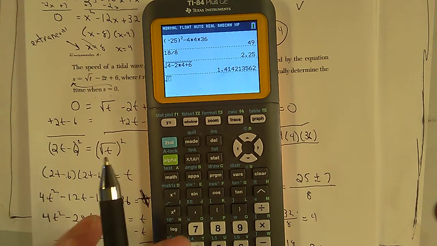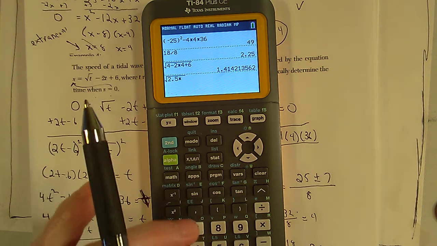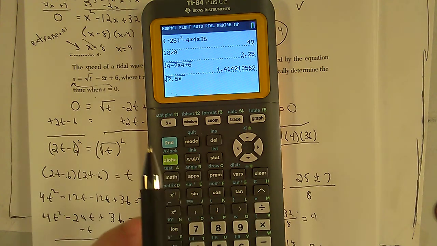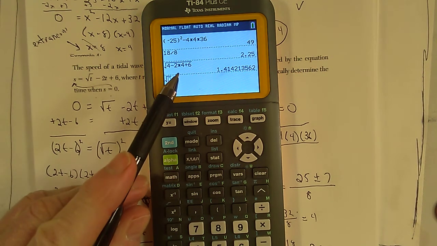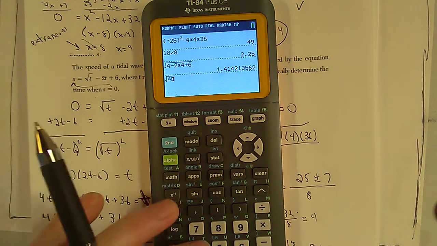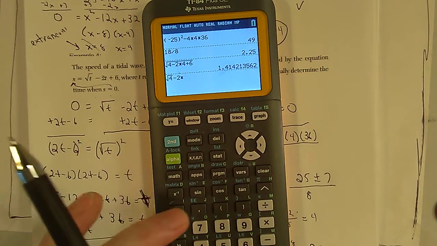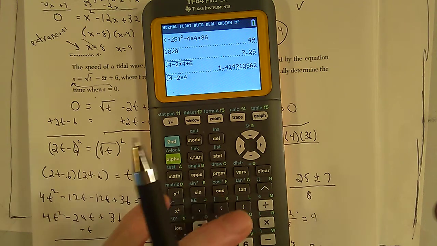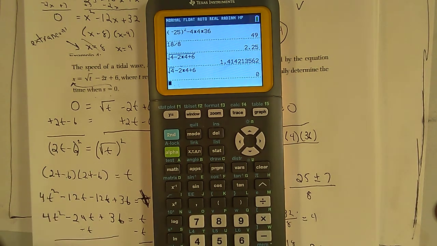Second square root, 2.25 times, oops, back up. No wonder that didn't work. Clear that. Notice I put everything under the square root. Didn't want to do that. Square root 4, move it out, minus 2 times 4 plus 6. That's 0.